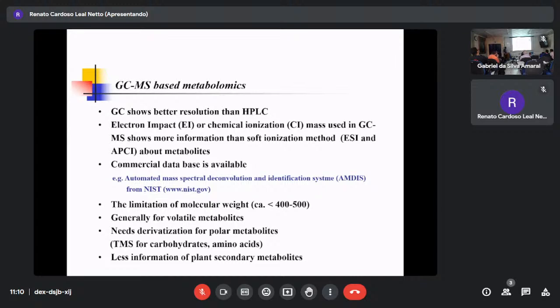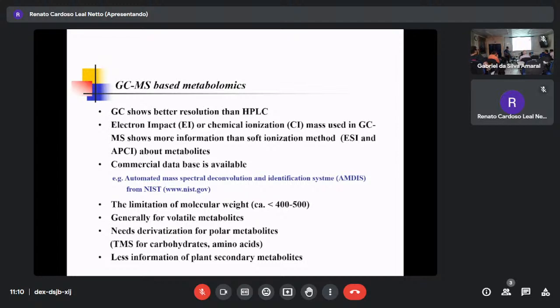And the limitation of molecular weight was more or less 400; nowadays it's up to 600. But in plants, there are compounds of more than 600, like 800 or 900, such as glycosides. So when you are doing GC-MS, you will lose information on many parts, like the secondary metabolites.